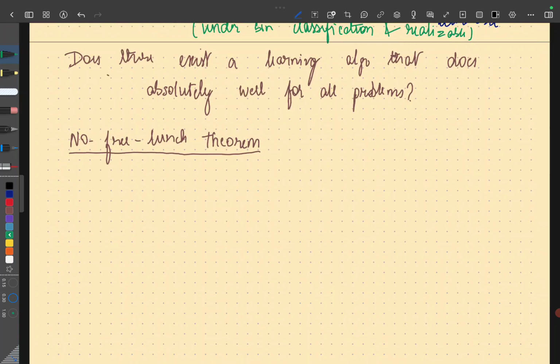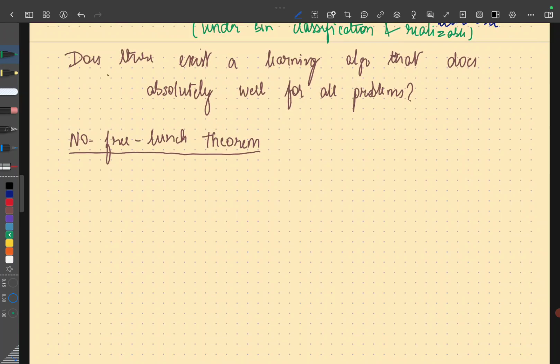Okay. So earlier I pointed out this particular question: does there exist a learning algorithm that does absolutely well for all possible problems? If you had no restrictions on the hypothesis class that you were allowed to choose, can you always achieve arbitrarily small estimation error and arbitrarily small approximation error?